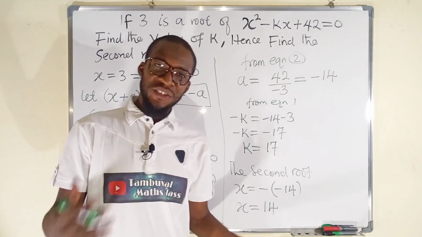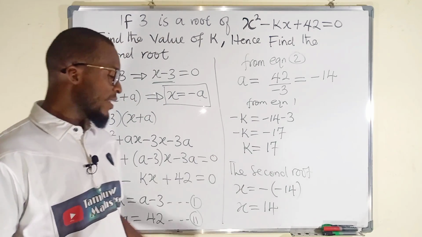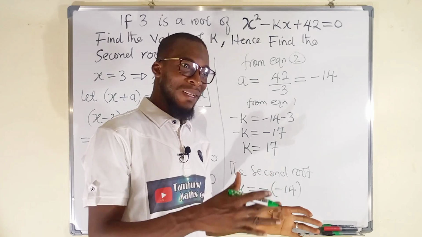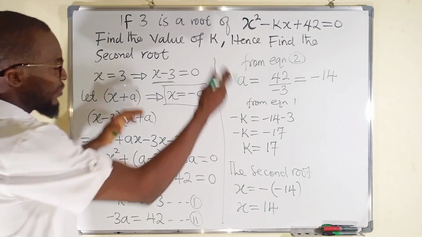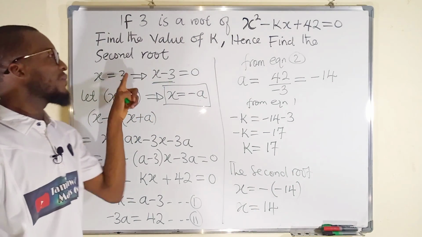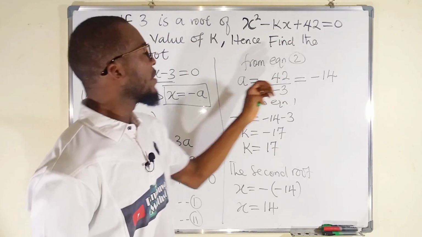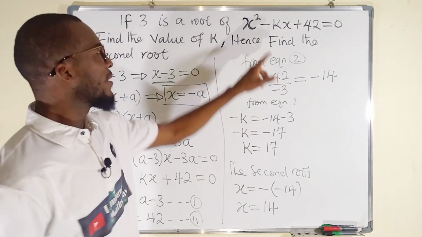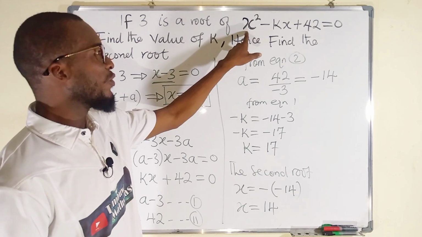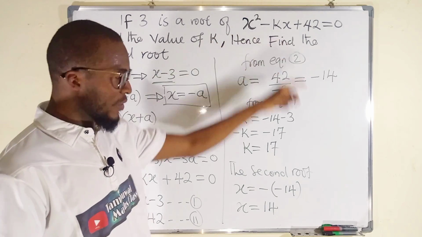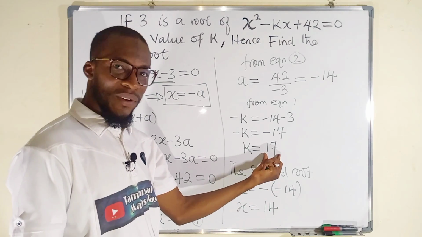So many people got it right: k equal to 17 and x is equal to 14. But these people have been using the method of substitution, taking positive 3 and plugging it into this equation. I believe it's simple as well, but this one is more logical. Substituting the value of x equal to 3 and making k the subject to get 17.